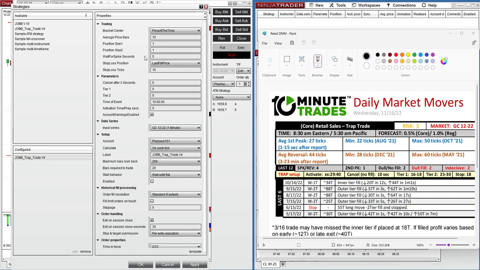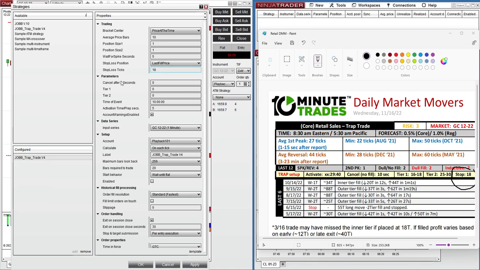Wait for spike, that's a default. Don't do anything. Stop loss, position, last fill price, that's default. Don't do anything to it. But our stop loss is 18. So make the stop loss 18.